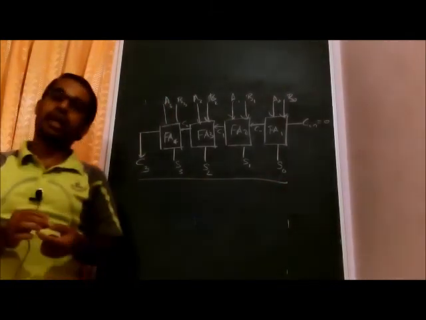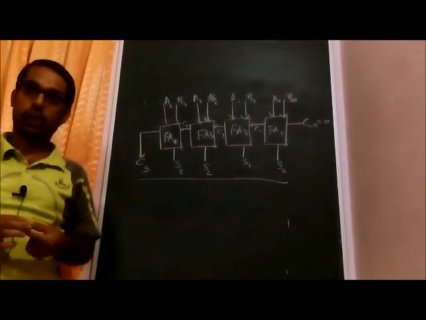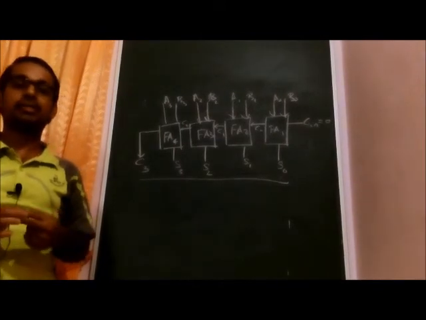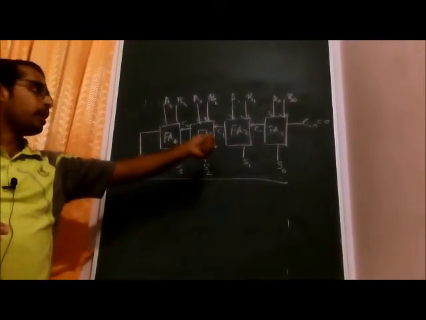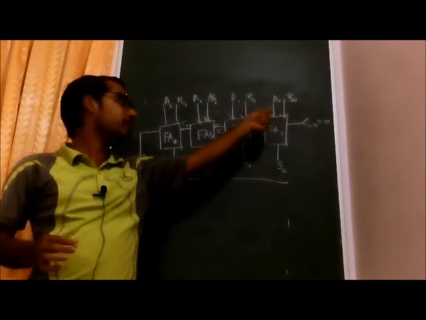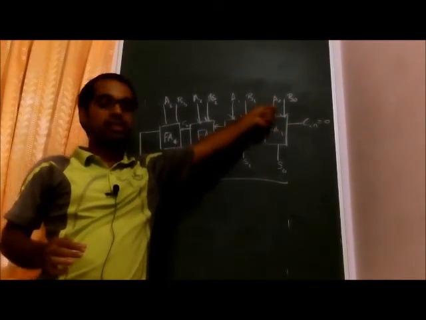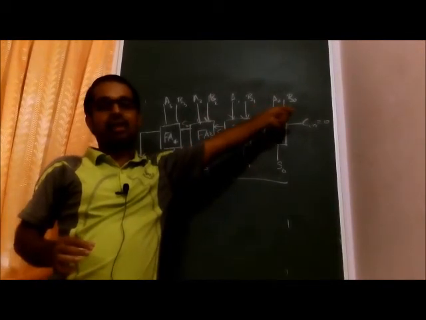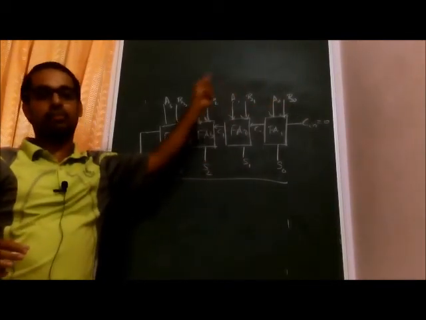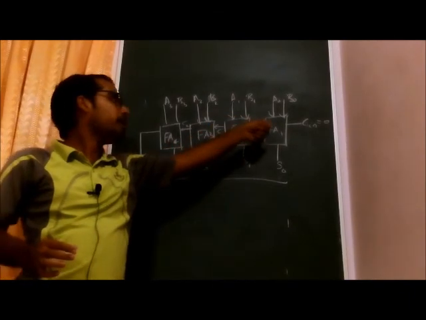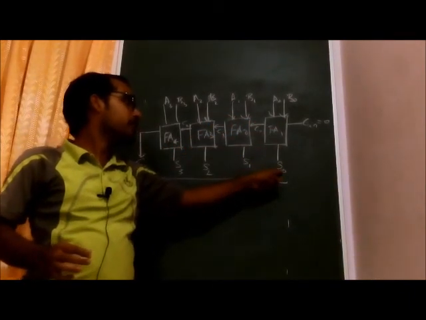So in a 4-bit parallel adder circuit, we use 4 full adder circuits in parallel, and the inputs are, these are the least significant bits. For A, A0 is the least significant bit, and B0 is the least significant bit for B, and this is the summation, and you will get S0.